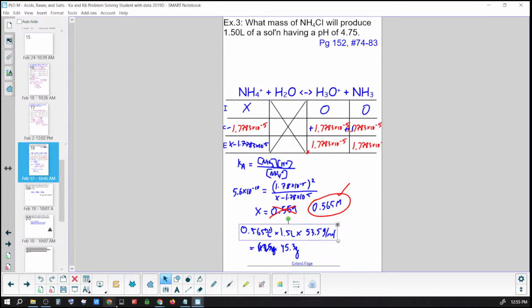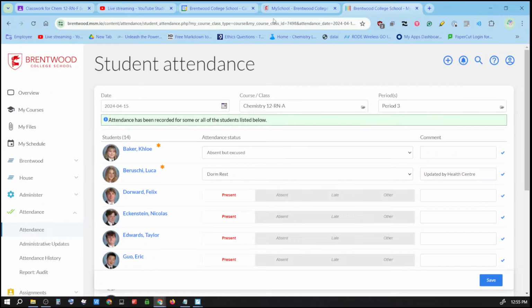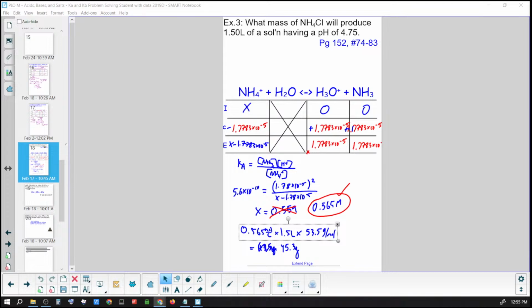This was 10 to the negative, they give you the math and physical. Negative 10, negative 10. You can go to your calculator: 1.778 times 10 to the negative 5. Nice, it did show on the stream.